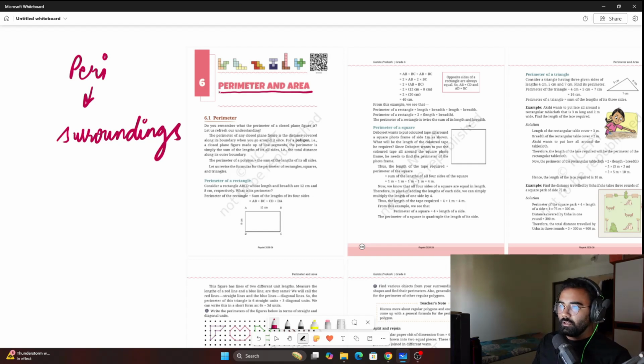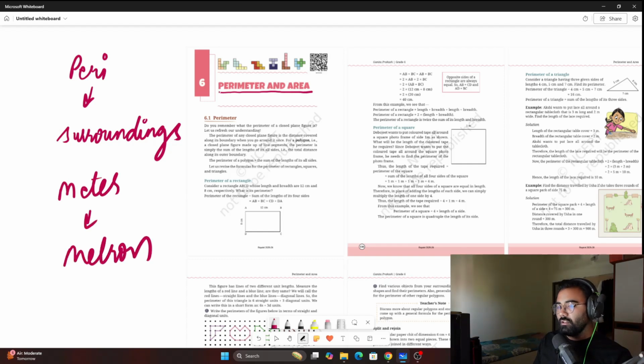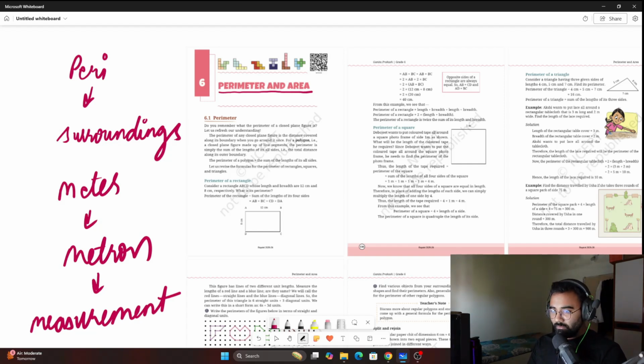And meter comes from the word metron, which in Greek means measurement. So in short, from Greek to Latin and to the contemporary English language, the word perimeter came to mean measurement of the surroundings.